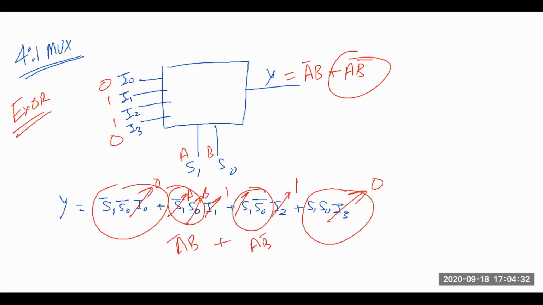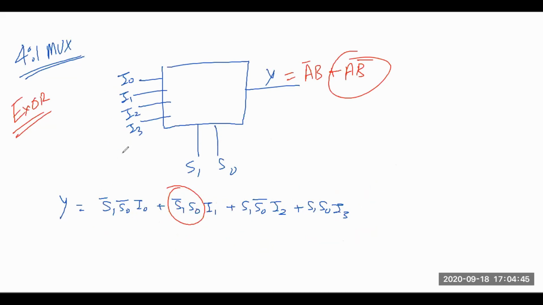After this, we will do other things also, like we will implement the XNOR gate. If you want to implement XNOR, your expression will become AB plus A bar B bar.